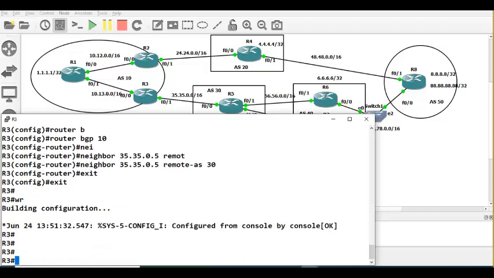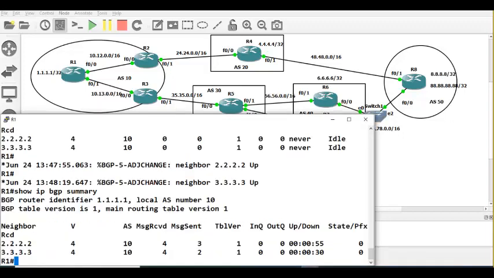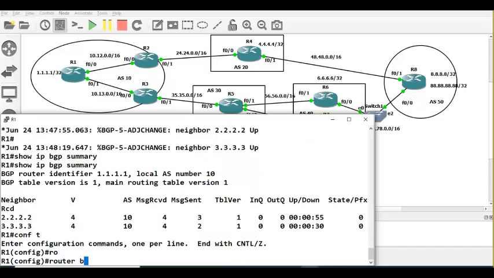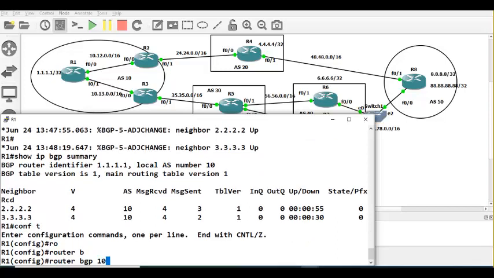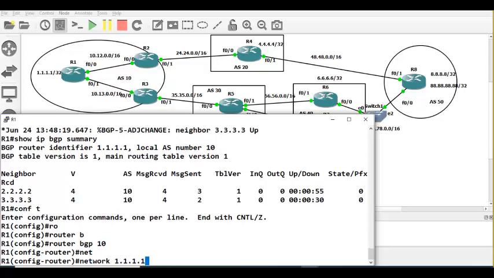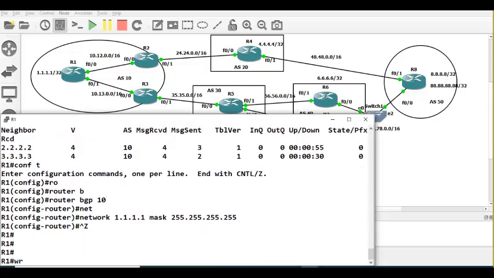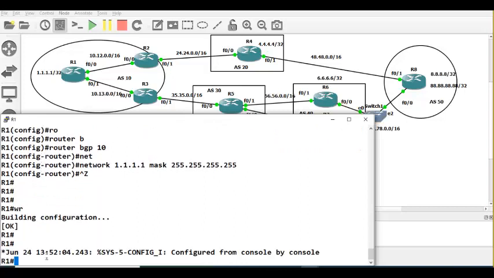But on router 1, I wish to advertise 1.1.1.1. Router BGP, network 1.1.1.1. All right.